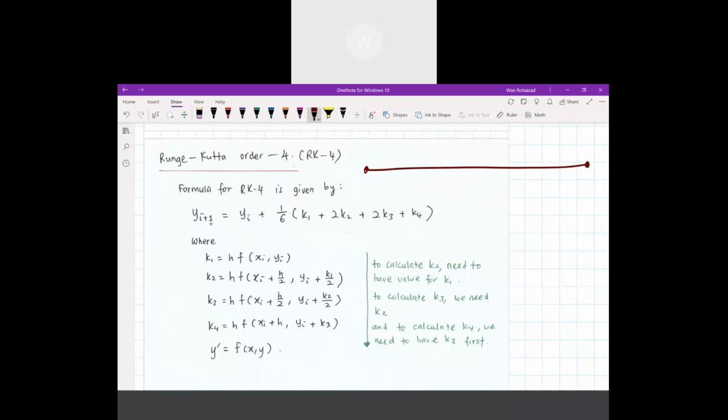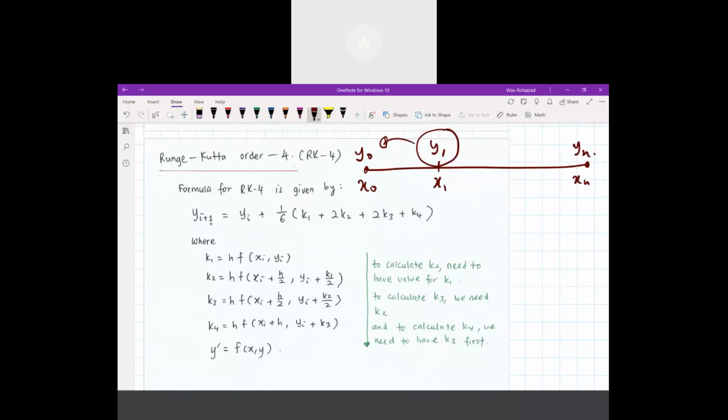We have x0 and y0, then x1, y1, until xn, yn. To approximate the value for y1, we need the value of x0 and y0.